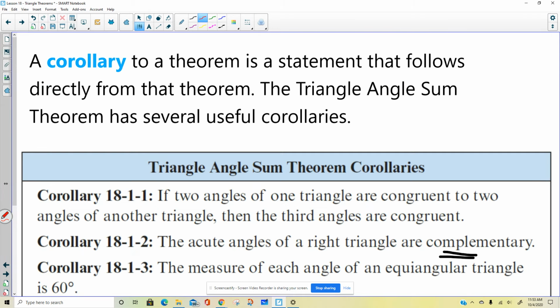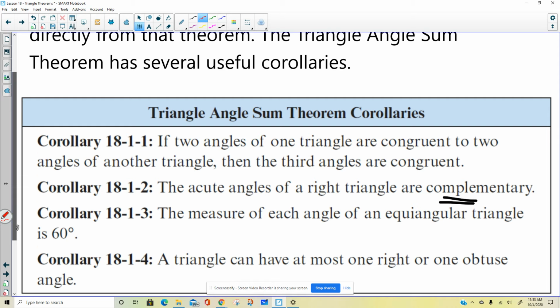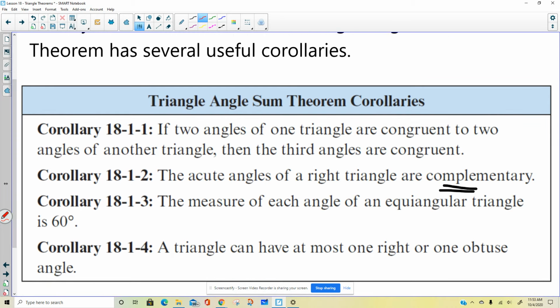A corollary to a theorem is a statement that follows directly from that theorem. The triangle sum theorem has several useful corollaries, so we're going to go over 4 of them right now. The first one is, if 2 angles of one triangle are congruent to 2 angles of another triangle, then the third angles are congruent.